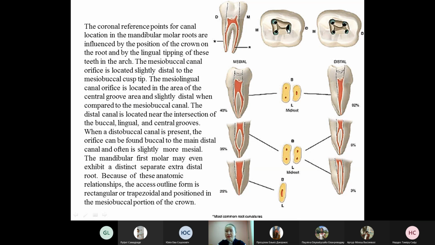So in the mesial root: mesial buccal, mesial lingual. In the distal root there is possibly a second extra canal, but the incidence of such an extra canal is low, nevertheless it is necessary to keep this possibility in mind.